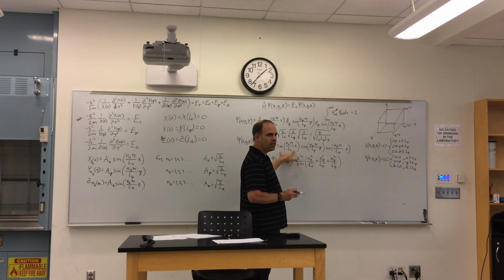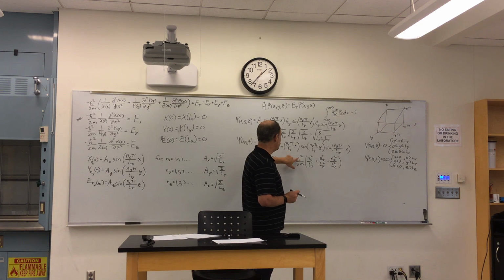Taking the second derivative of this gets you back that same function with a negative sign in front of it, and then times n pi over Lx, squared. That should not be there, it's h squared.